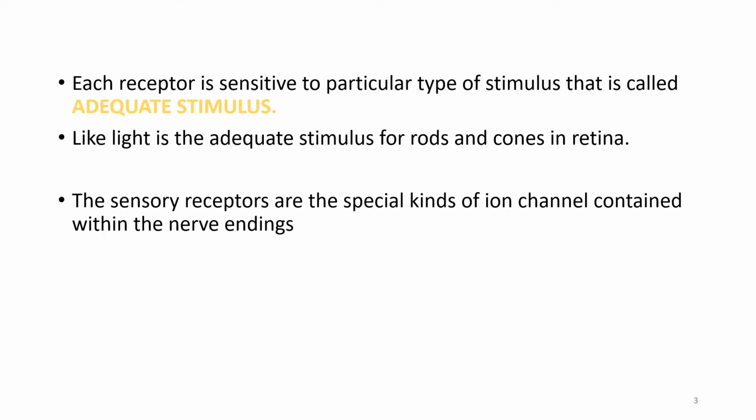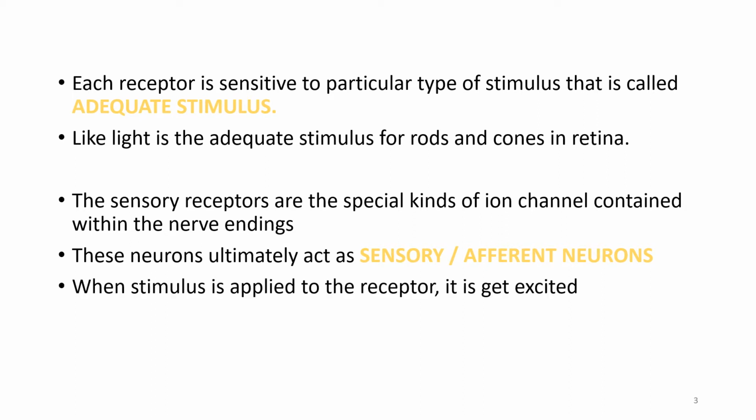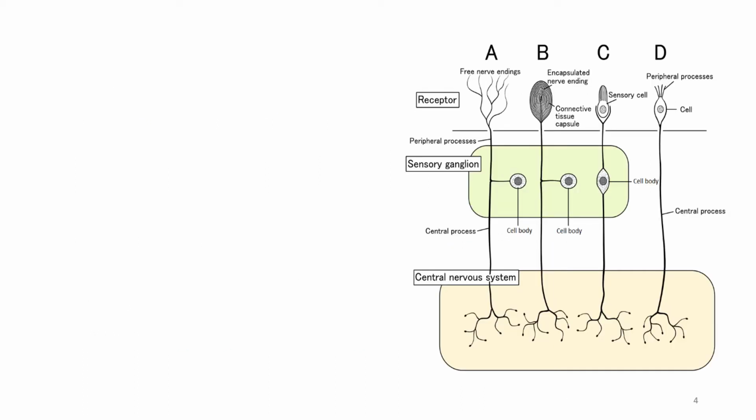The sensory receptors are special kinds of ion channels contained within the nerve endings. These neurons ultimately act as sensory or afferent neurons. When a stimulus is applied to the receptor, it gets excited. On excitation, they produce a local or generator potential, also known as receptor potential.